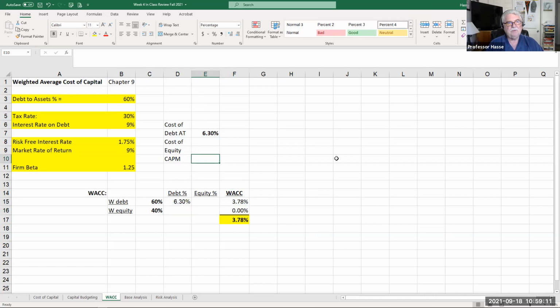Let's do our capital asset pricing model. We have a risk-free rate of 0.0175. We're going to add, let me put these in parentheses here, or it won't work, our market risk premium, which is our market rate of return, 0.09, minus our risk-free rate, 0.0175.